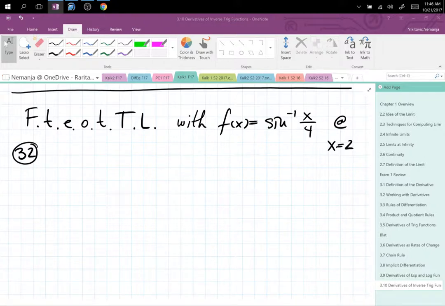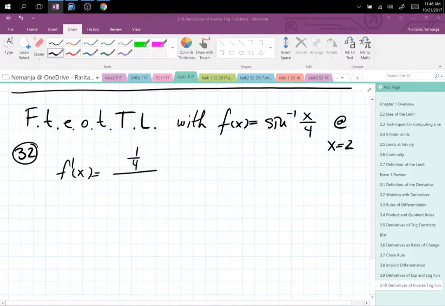Right. Let's wrap this up. We start by getting the derivative first. We have 1/4 divided by the square root of 1 minus x squared over 16.